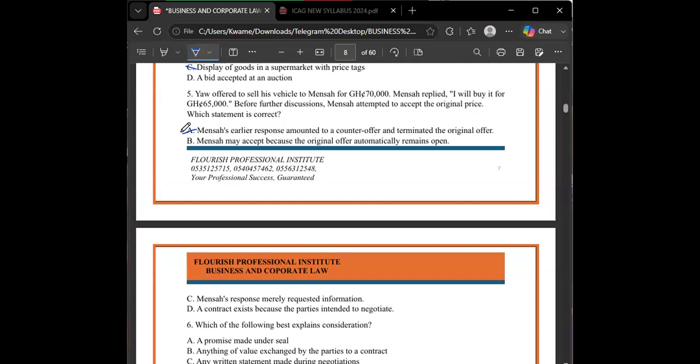One person makes an offer, the next counters it, which means he's making a new offer, and it's up to the other person to accept or make another offer. At the end of the day, until final acceptance is made, the offer keeps getting cancelled and a new offer comes on the table.